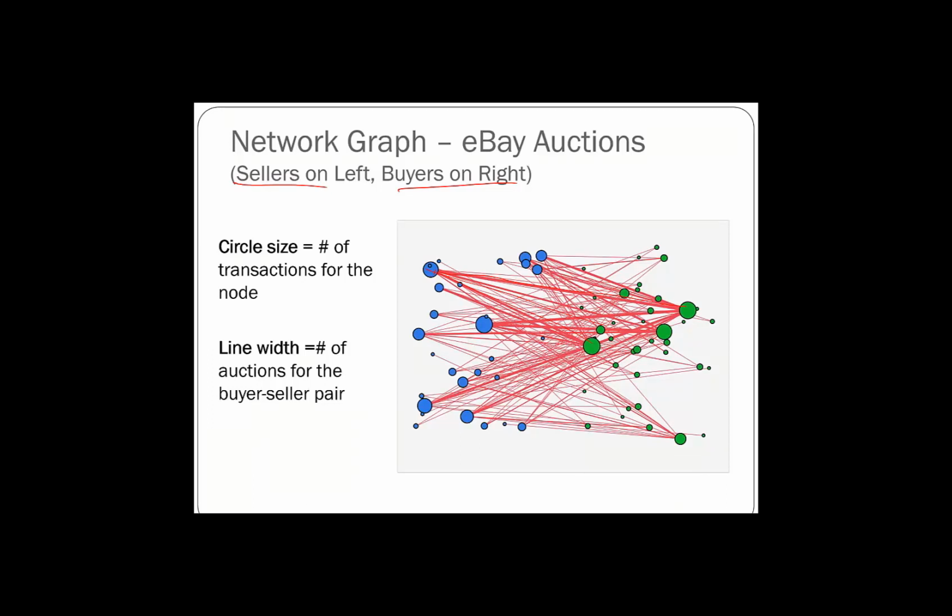And the size of the circle says how many transactions they've done. The width of the line says how many transactions were done between the pair. So here you've got a big solid red line going between this one and this one. They both have entered into a lot of transactions, and apparently a lot of those have been with each other.